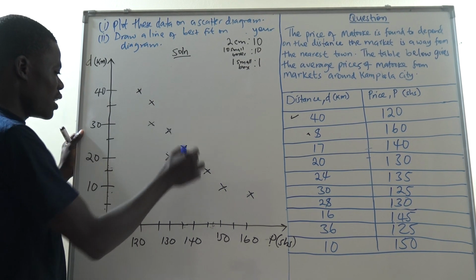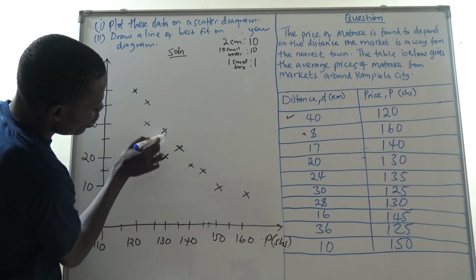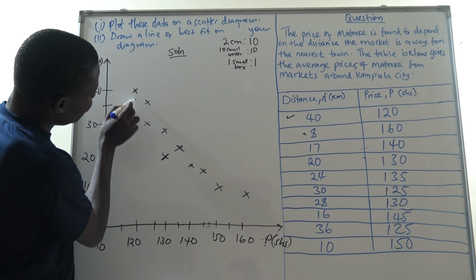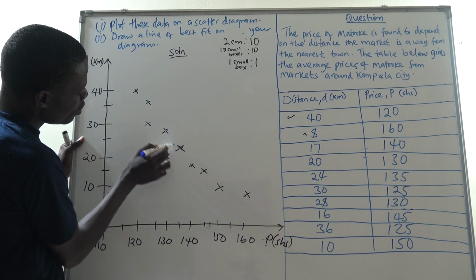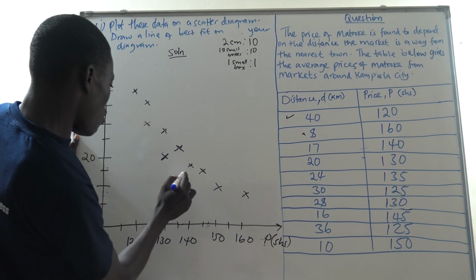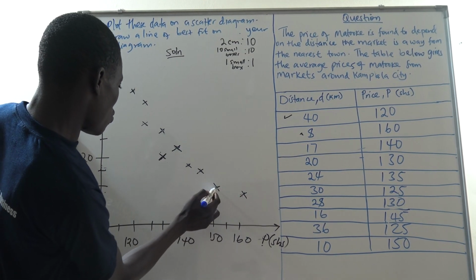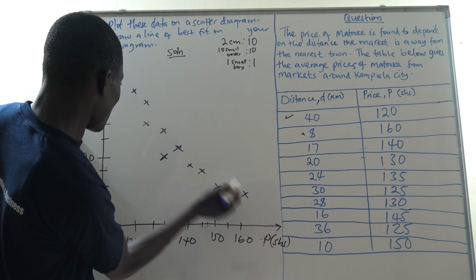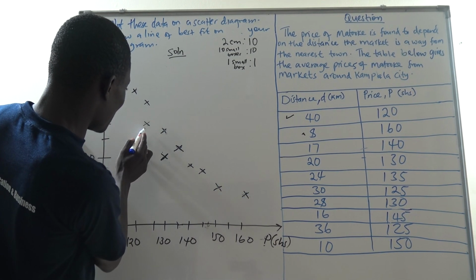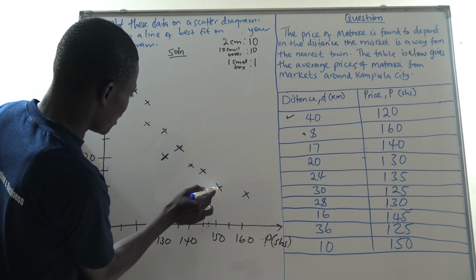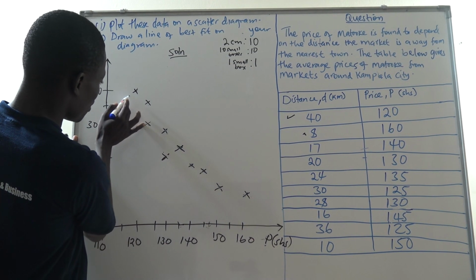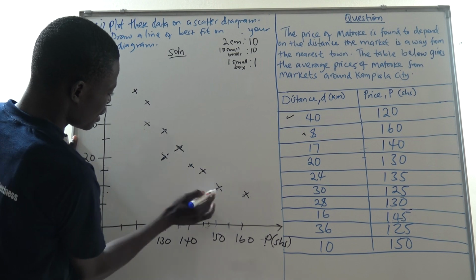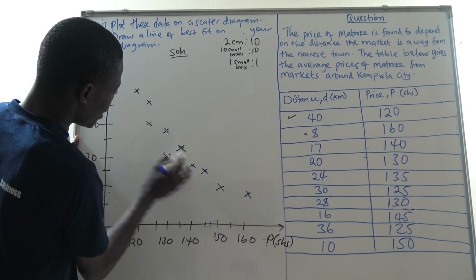So where are we going to put our line of best fit? 1, 2. This one can remain aside, and this one can remain aside. Then 1, 2, 3, 4. Yes, this one will work.